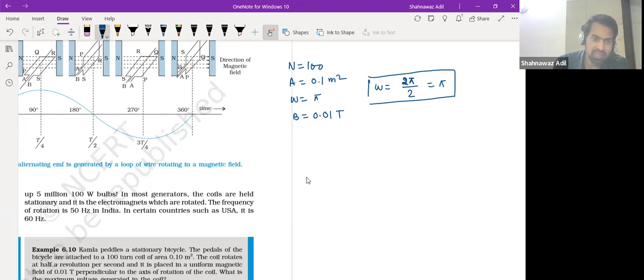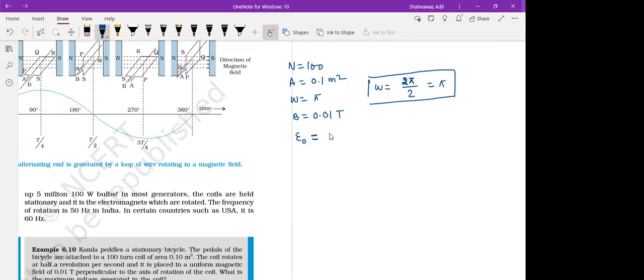So what is the maximum voltage generated in the coil? We have to calculate E naught. You guys have already seen what the E naught is. What was the maximum voltage generated? Check your notebooks, guys, and tell me.